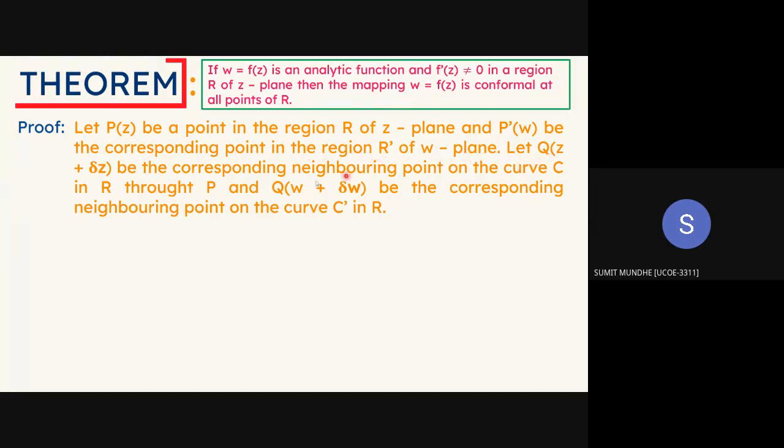Let Q, that is z plus delta z, be the corresponding neighboring point on the curve C in R through P, and Q dash, that is w plus delta w, be the corresponding neighboring point on the curve C dash in the R dash region. Here you can see the graph of the z plane and the w plane.